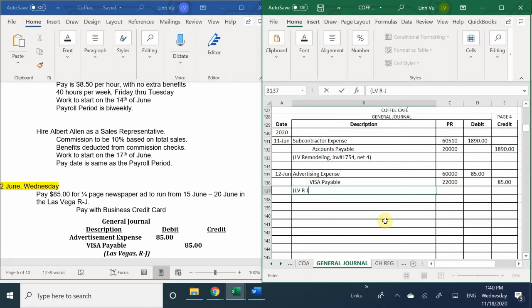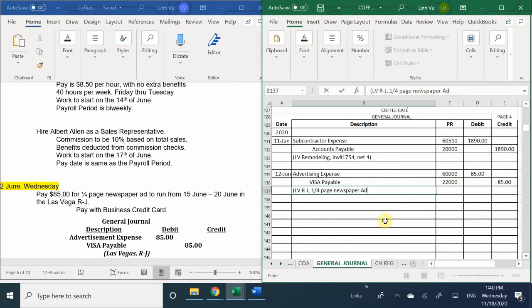And then you can write details like 1/4 page newspaper ad.